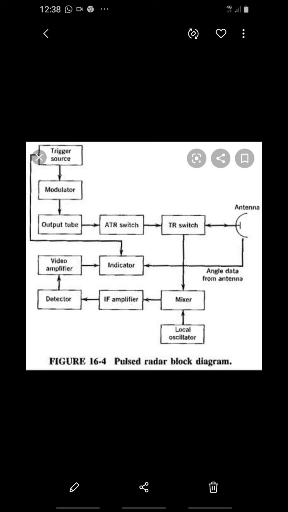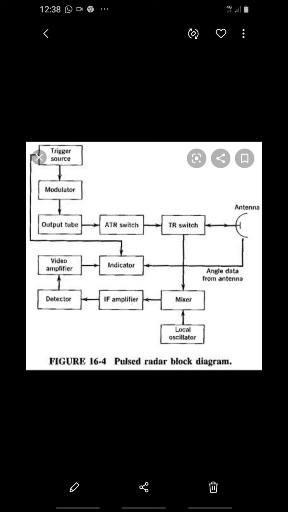Duplexer. It consists of two gas discharge tubes or fast RF switches, namely the anti-transmit receiver tube and the transmit receiver tube. Low noise RF amplifier.